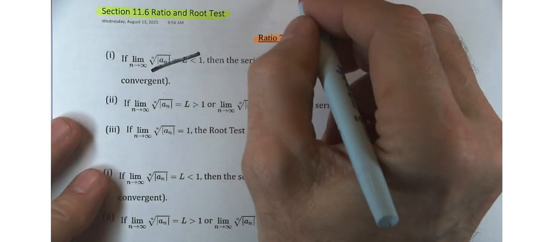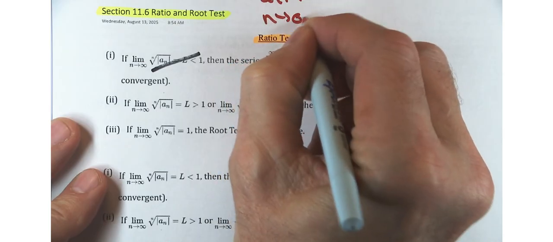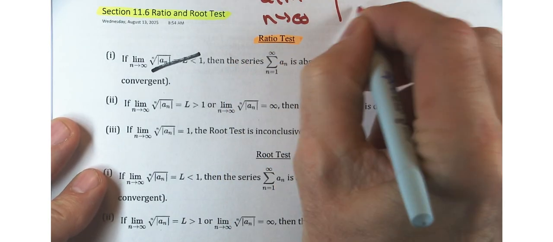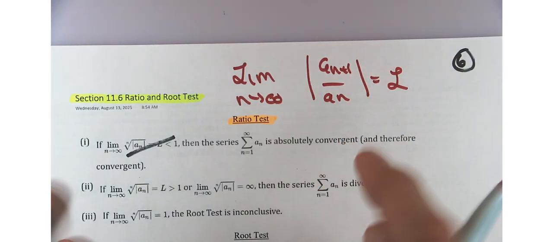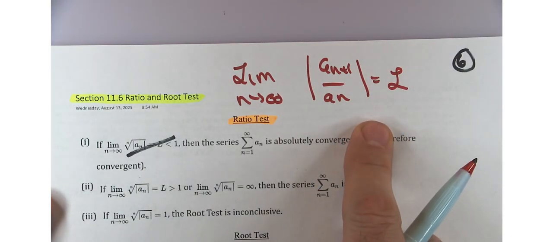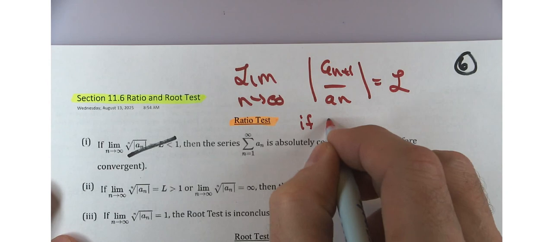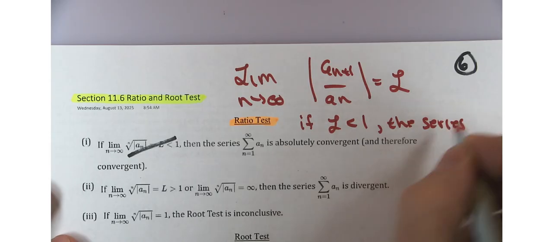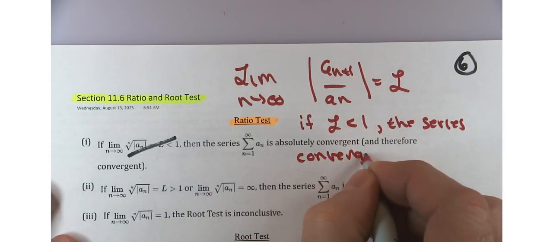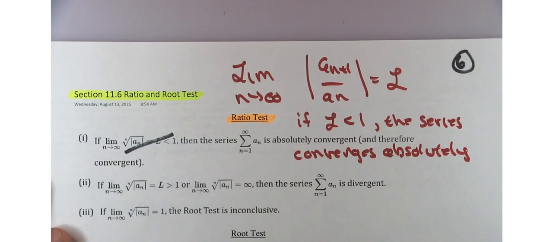For the ratio test, we want to take a look at the limit as n approaches infinity of a sub n plus 1 over a sub n. If that limit, whatever that is, let's call it L, if L is less than 1, then the series converges absolutely. If it's greater than 1, what do you think happens?